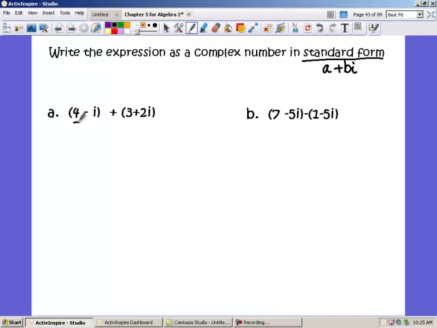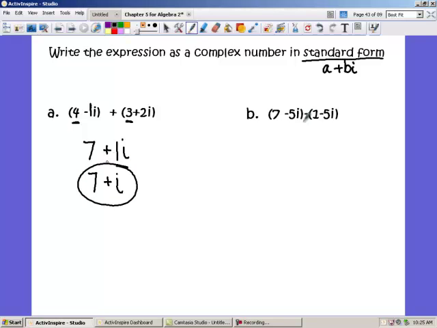So 4 plus 3 gives us 7. Now the imaginary numbers: -1 plus 2 will give us 1i. You can also just write this 7 plus i. So now we have the form a plus bi. We just simplified it.